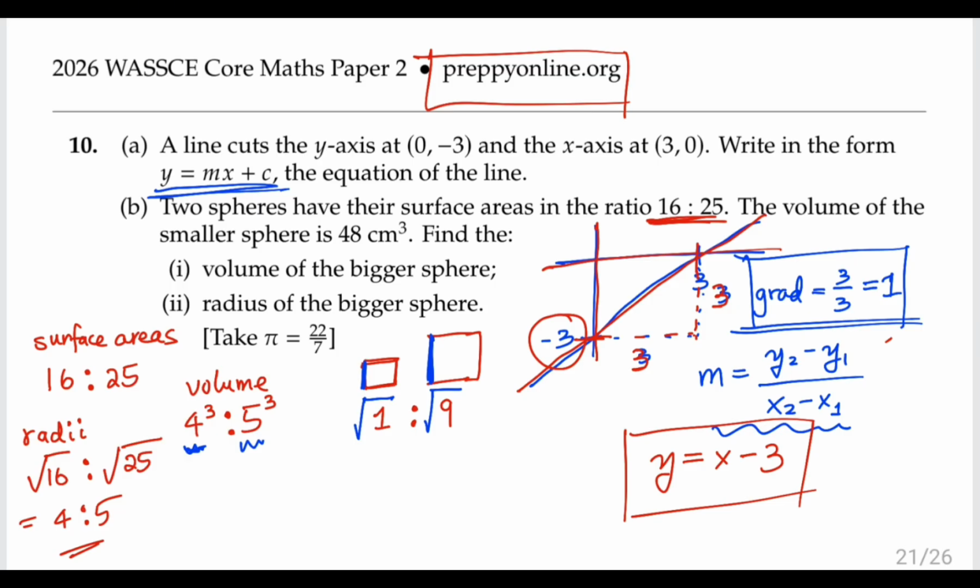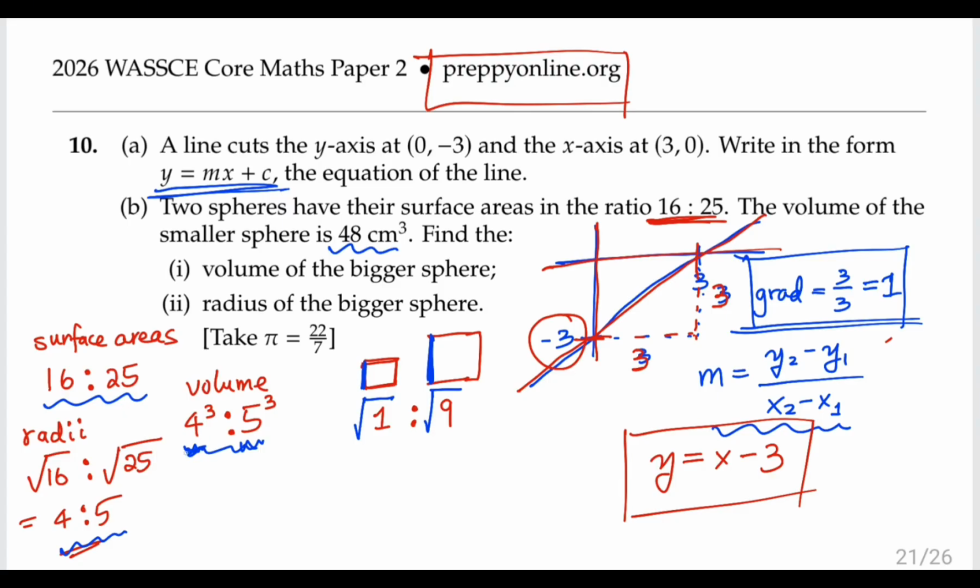All right, so if the areas are in this ratio, then the radii are in this ratio and the volumes are in this ratio. Now, if the volumes are in this ratio and the volume of the smaller sphere is 48 cubic centimeters, then what is the volume of the bigger sphere?